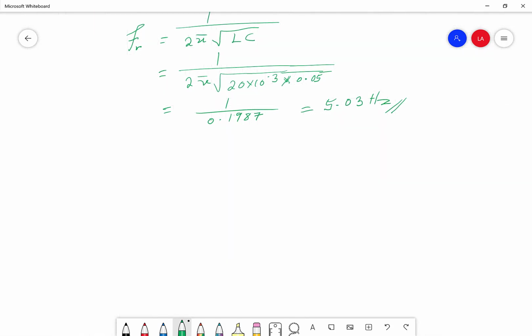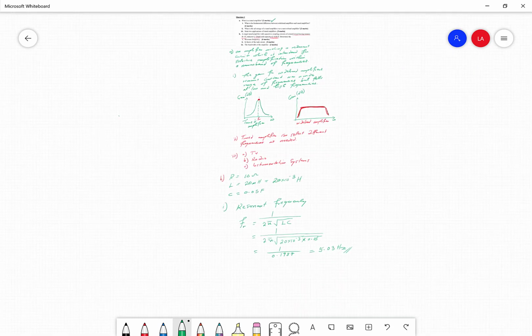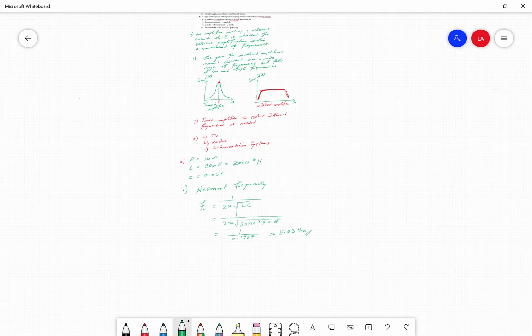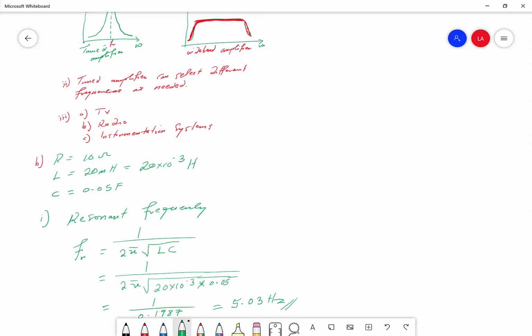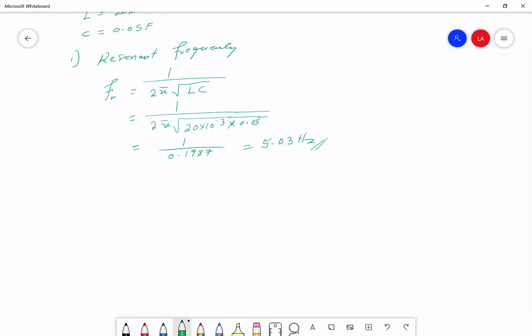Okay, now the second part of the question asks that we calculate the Q factor.